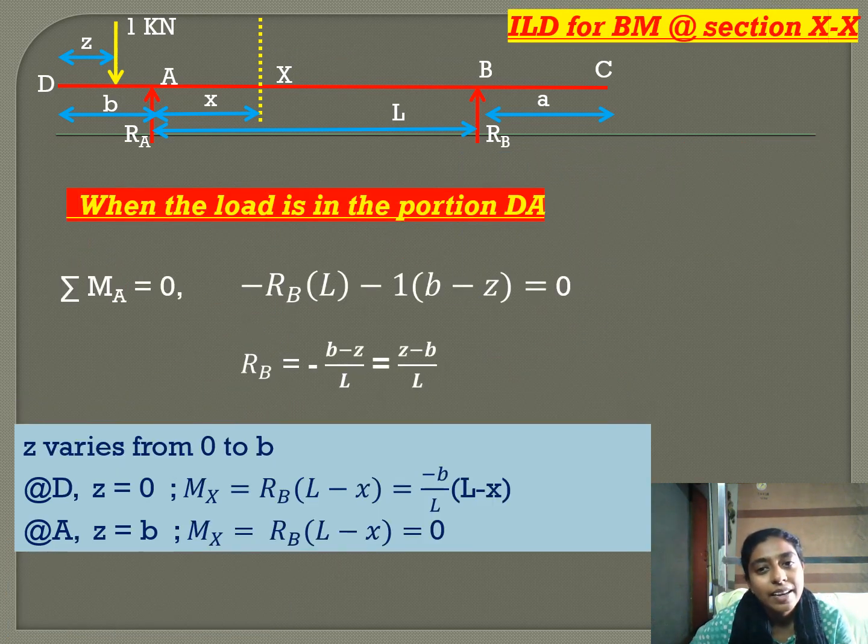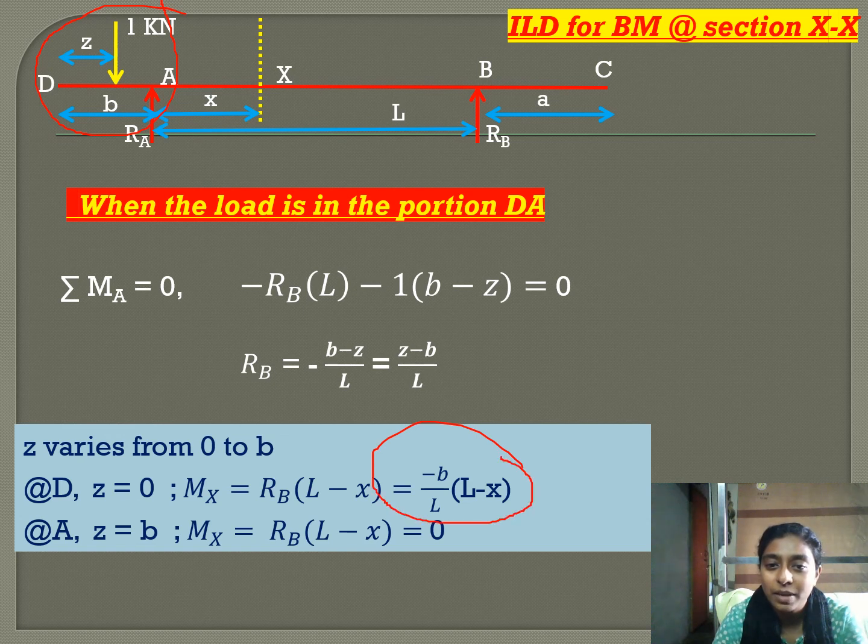Now, the influence line diagram for bending moment at the section XX. The concept is the same. The only thing is we will multiply the shear force by its distance, and both are positive, because left clockwise and right anticlockwise is positive. Z varies from 0 to B. That is, when the unit load is in DA, the values are minus B by L into (L minus X), and 0.